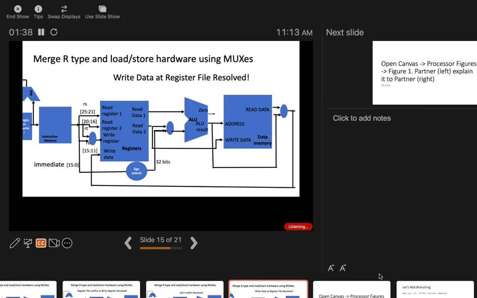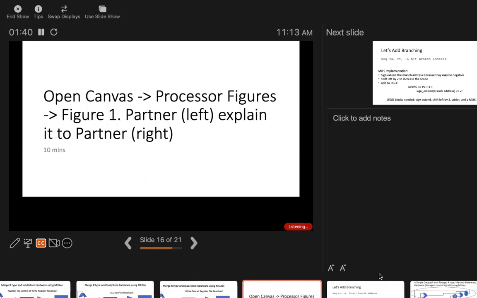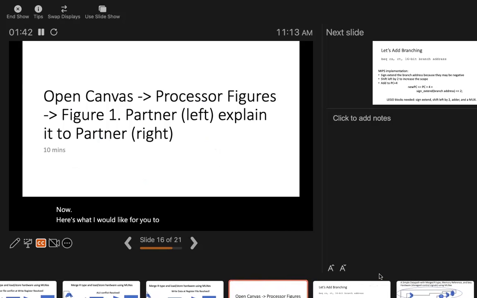Okay. Now, here's what I would like for you to do. Please open up your laptops, open the Canvas. Under Canvas, under course overview, you'll find processor figures. Click that link and please go over figure number 1.